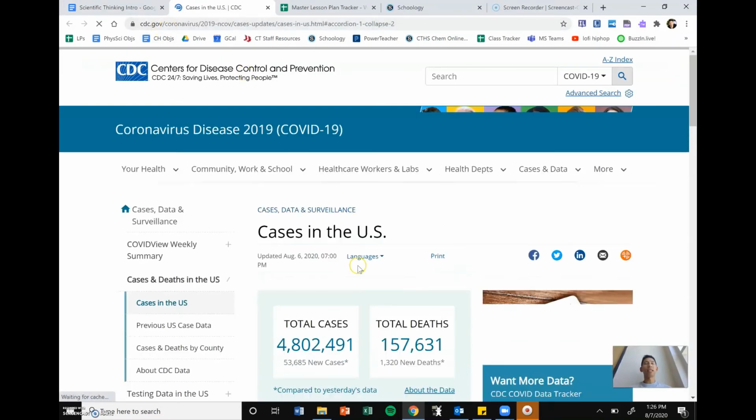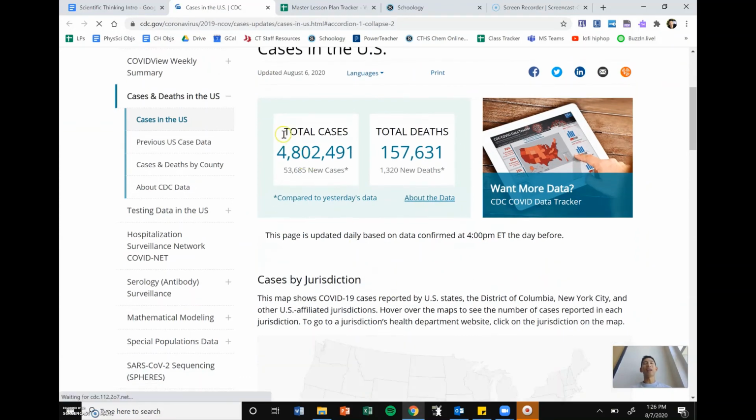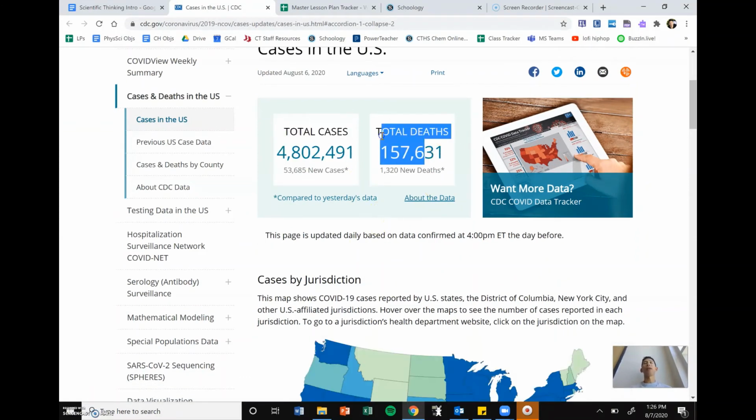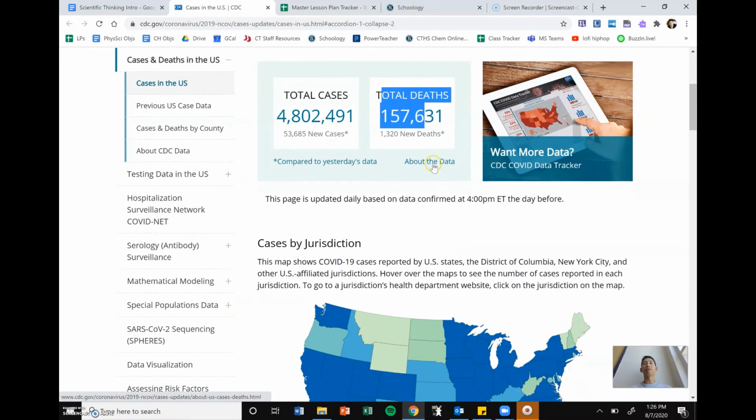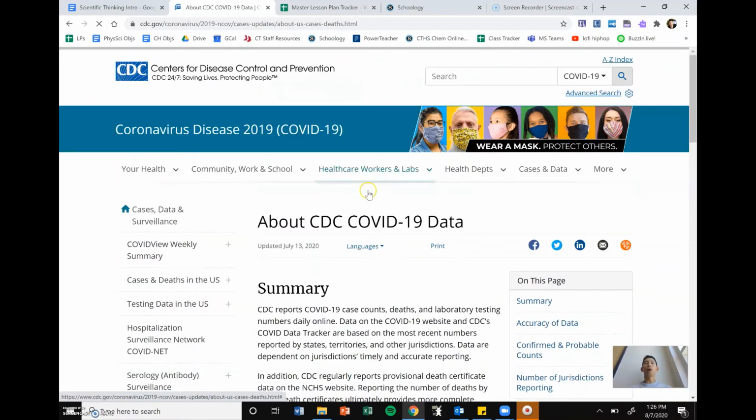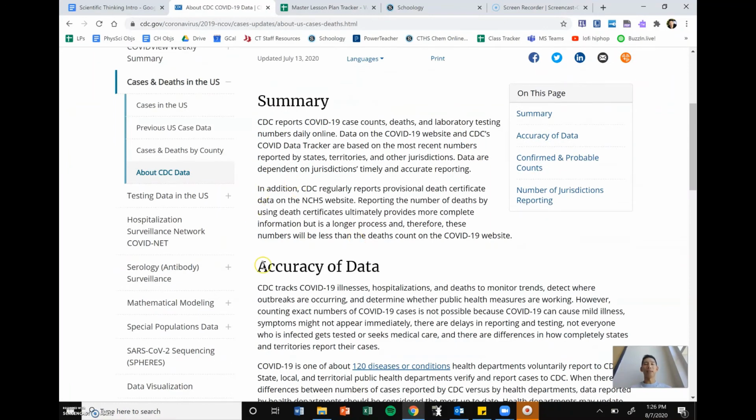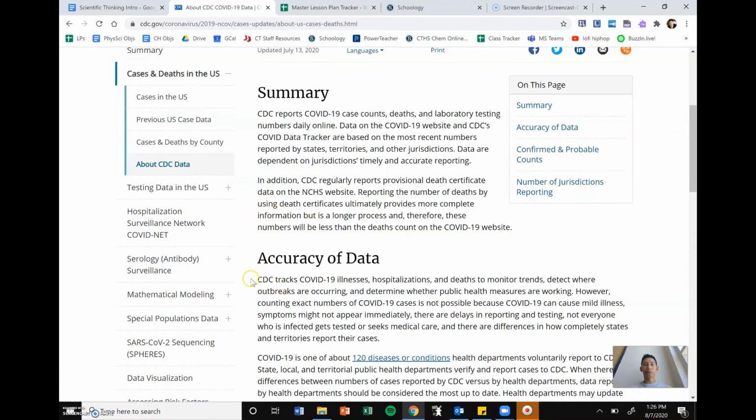This is another CDC site that says data. It has the total number of current cases, 4,800,000. The total deaths, 157,000. If we go into about the data, it says, where is this data from?